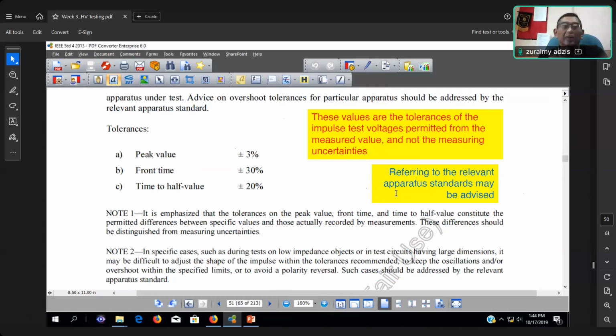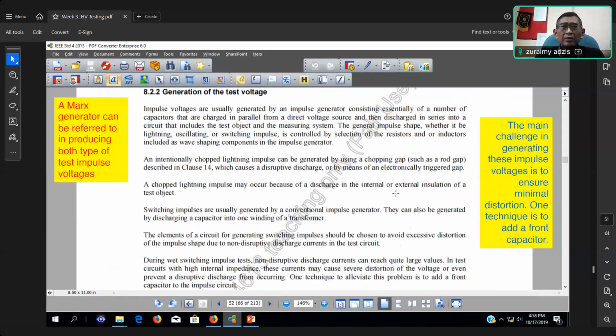Using that standard together with this standard, you conduct the test, and if the requirements are met for all, then the test should be fine. Next, to generate the test voltage, well, this was in your high voltage technology subject last time, so you can revisit it again.